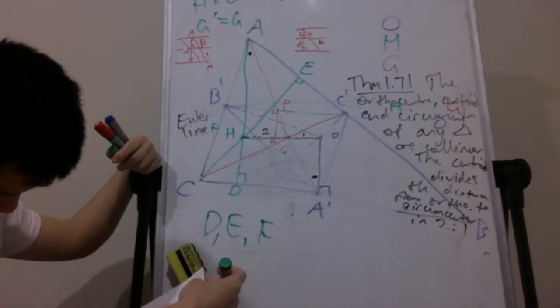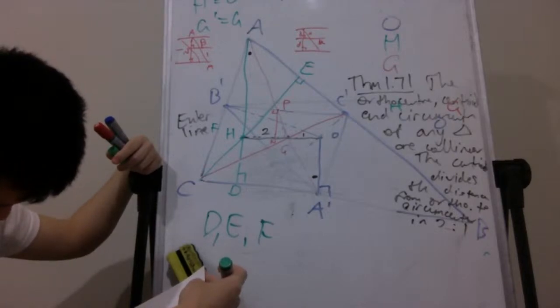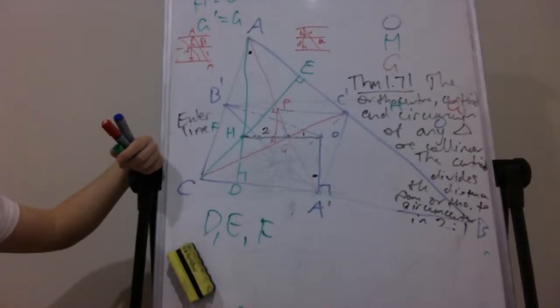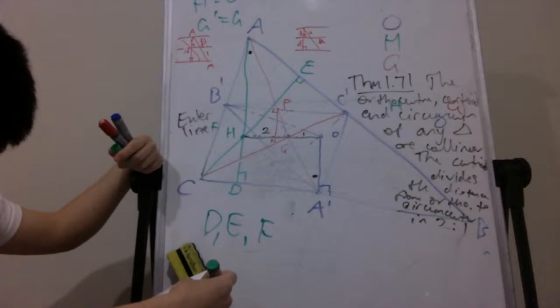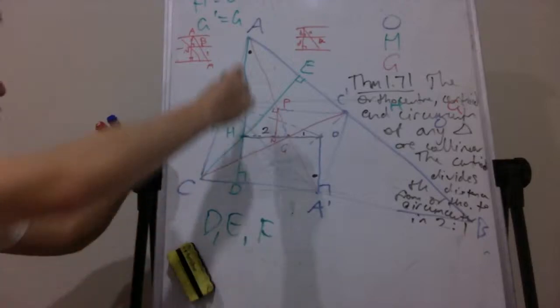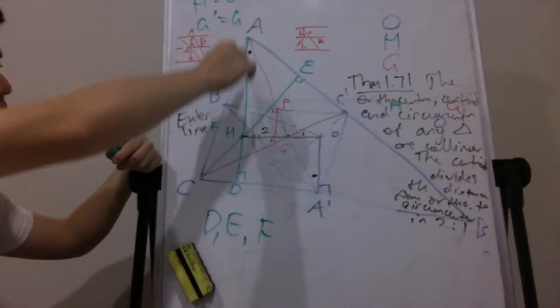The midpoints of the segments from the 3 vertices to the orthocenter. So the midpoints of the 3 segments from the 3 vertices to the orthocenter. Yep. So the midpoint of AH, yeah?